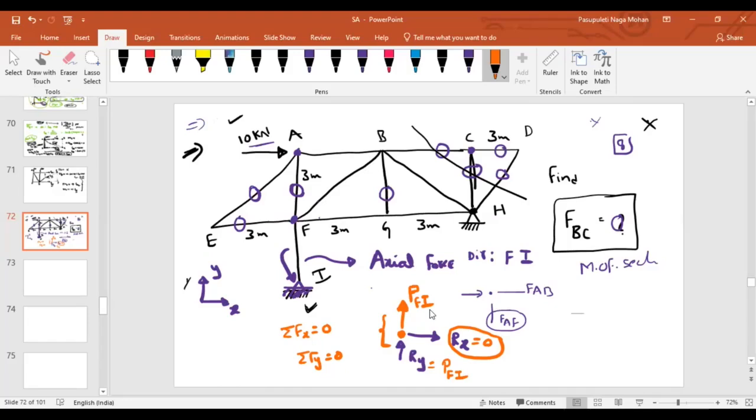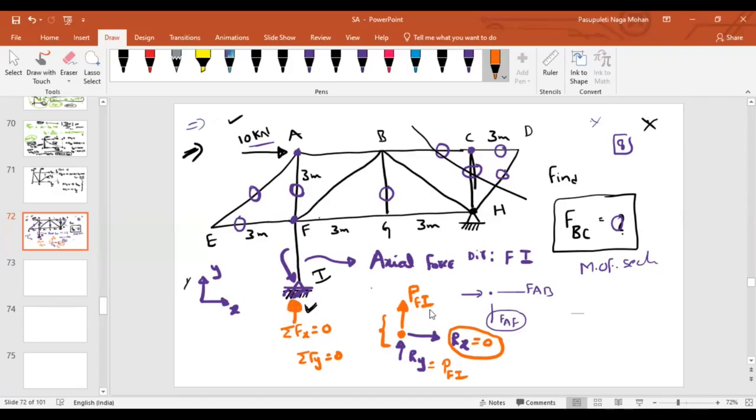As the support is connected only through the vertical member Fy, and the orientation of the force in member Fy is truly vertical, at support I, how many reactions will develop? Only one, that is along the orientation of the member, that is like this.